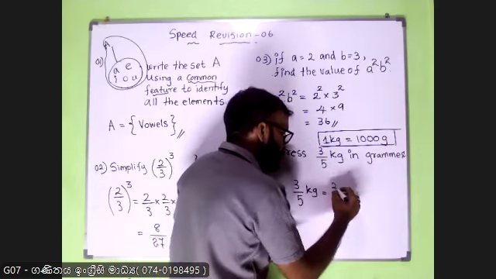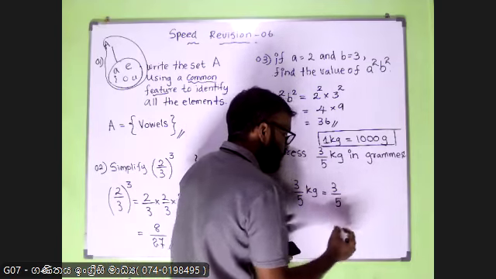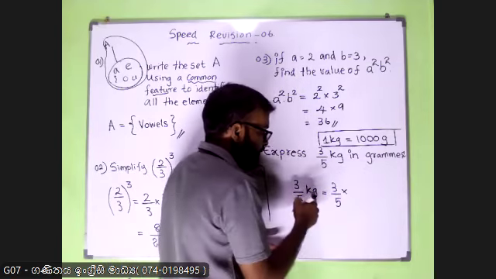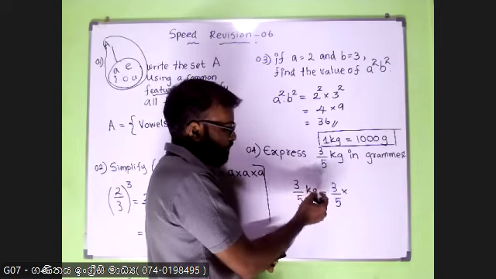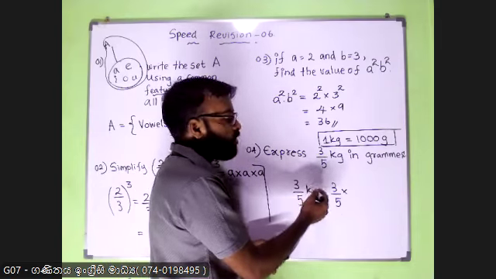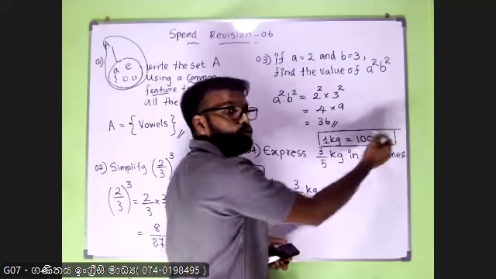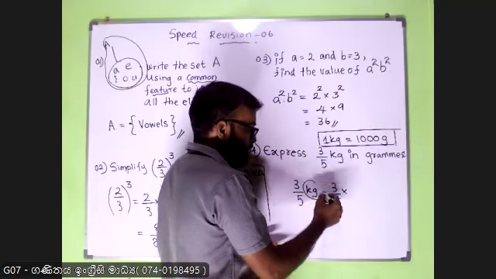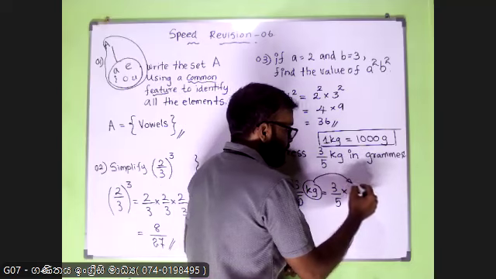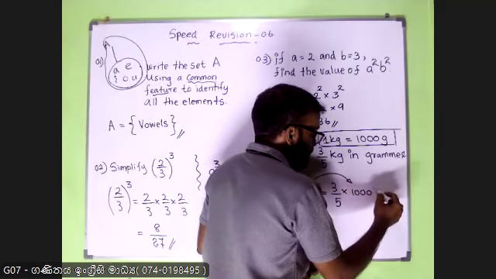So you have to multiply this. 3 upon 5, right? Multiply by, this is kilograms. I am going to replace this kilogram by using 1000 grams. Instead of this kilogram, I am going to substitute 1000 grams.